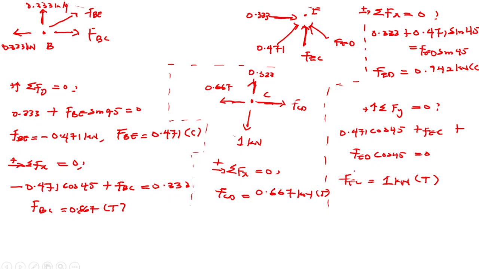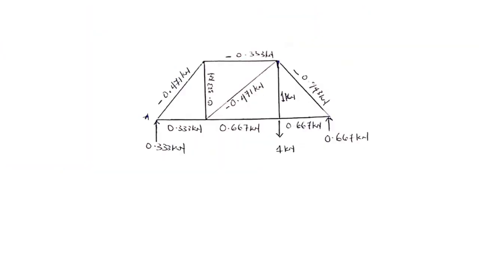So after you have gotten all of these forces, you arrange them in the truss, right? All of this now becomes our virtual force N. Everything we've gotten, all the values, we just put them.